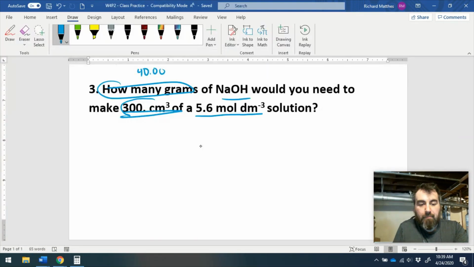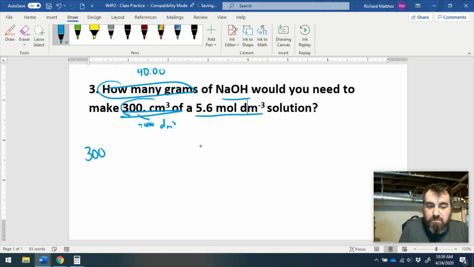Okay. So we've got 300. Ooh, this is centimeters cubed, right? So we have to divide that by 1,000 to turn it into decimeters cubed. So we're going to say 0.300, right? Because 300 divided by 1,000 is 0.300 decimeters cubed of NaOH, right?